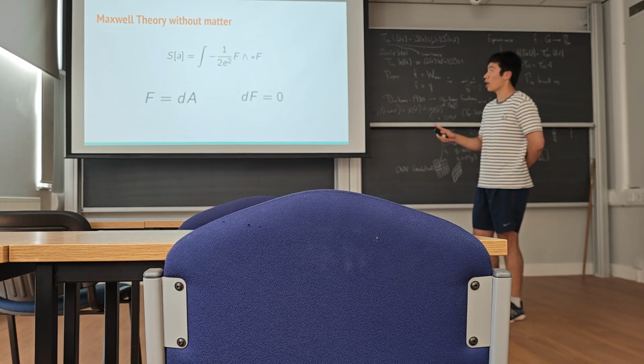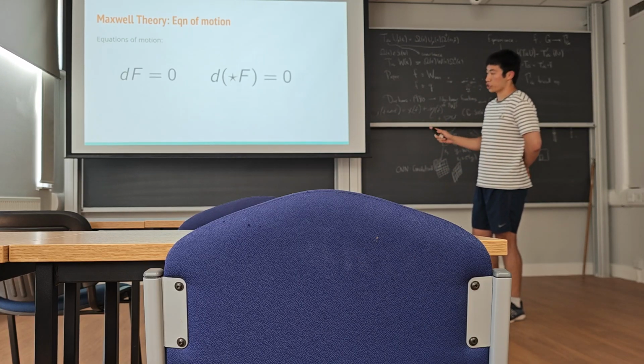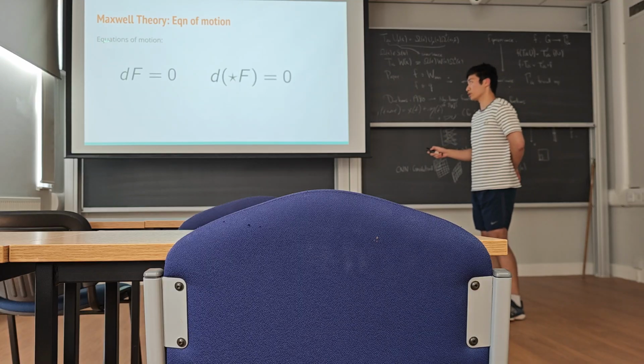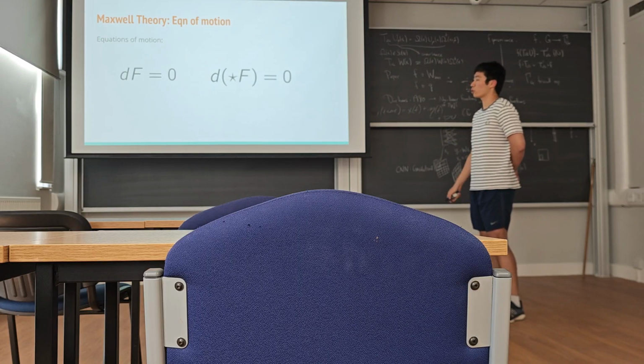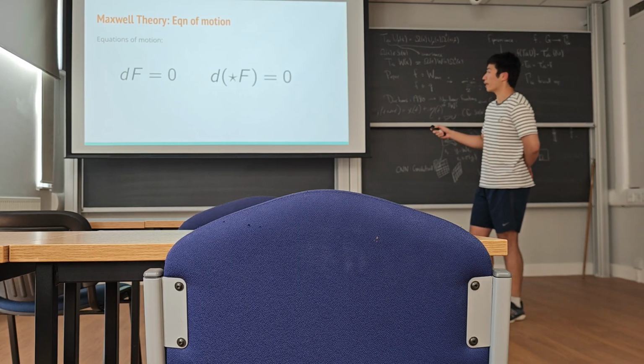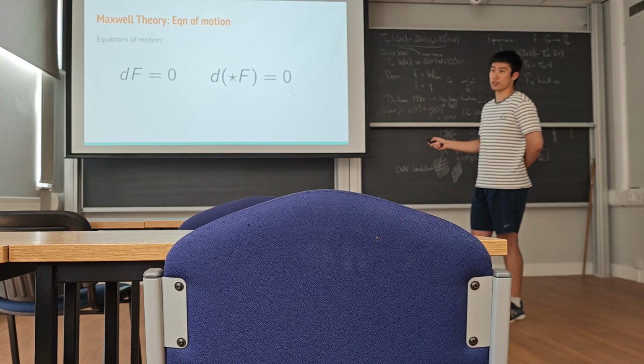That gives us our first equation of motion, dF equals 0. The second equation of motion is that d star F in vacuum happens to also be 0.